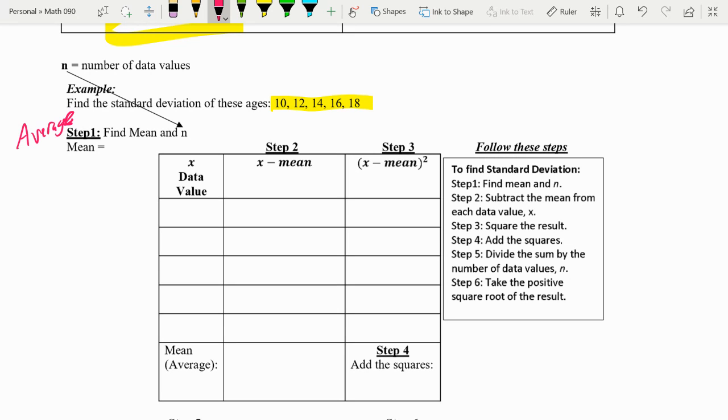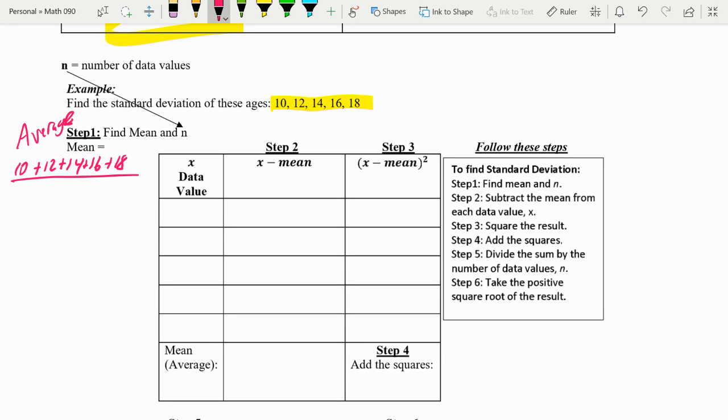So in order to find this mean, this average, we have 10 plus 12 plus 14 plus 16 plus 18, and we're going to divide by how many numbers are in the data set.